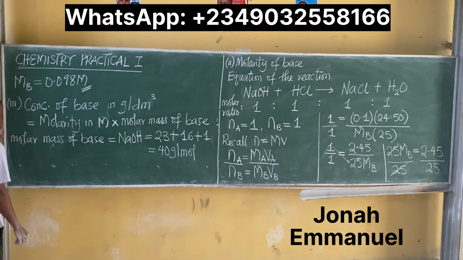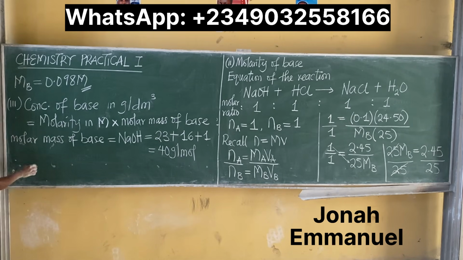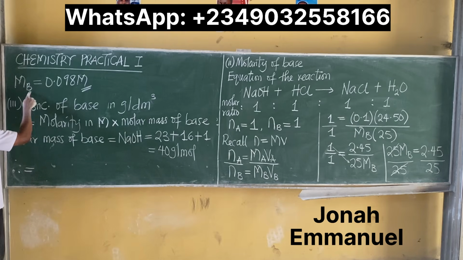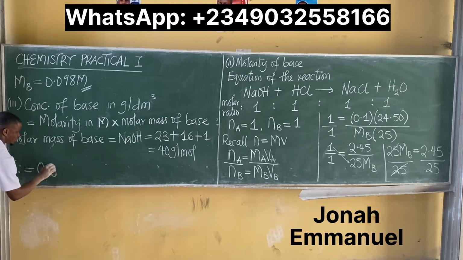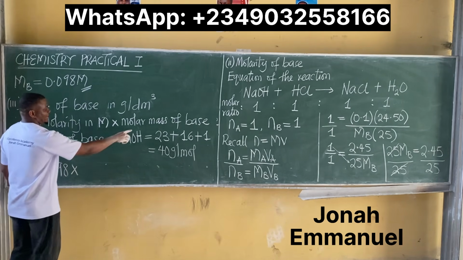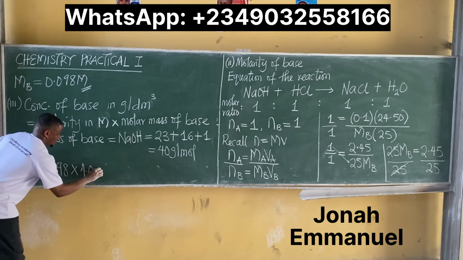Therefore, we can get the concentration of the base in gram per dm cube by doing, we said, molarity of the base in molar. Molarity of the base is 0.098 molar, 0.098 times the molar mass of the base, which we got as 40. So times 40.